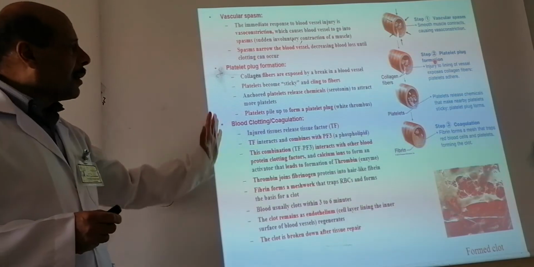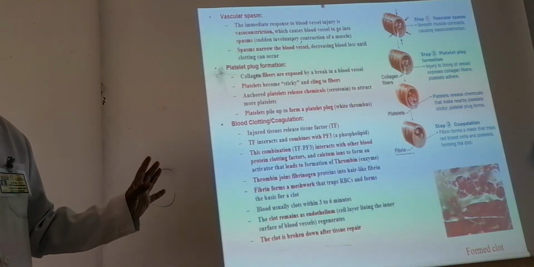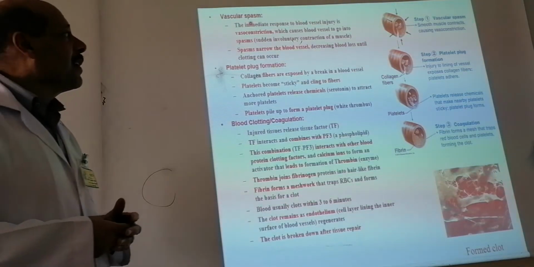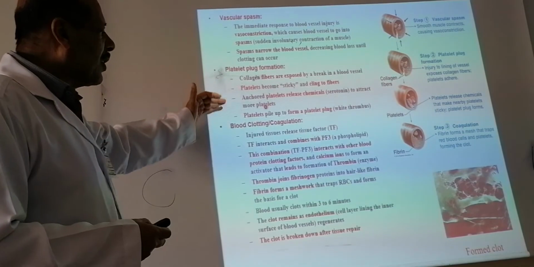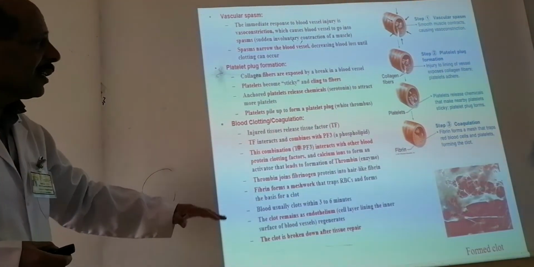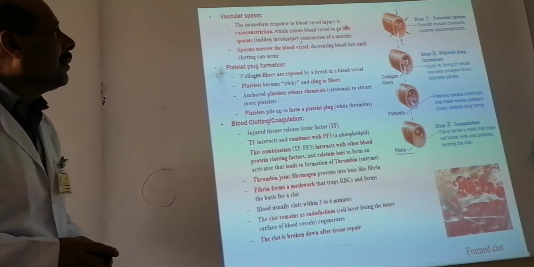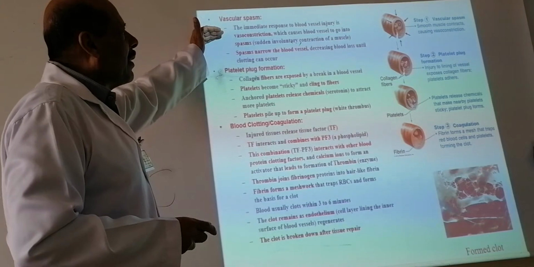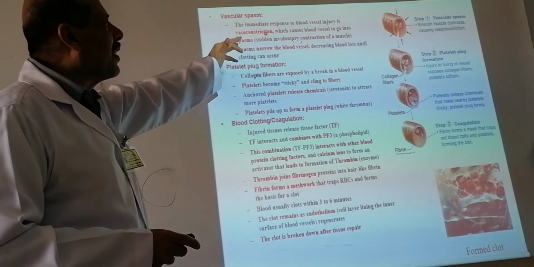So again, this is what's happened during hemostasis: vascular spasm, platelet plaque formation, blood clotting and coagulation, and formation of the clot. Again, the vascular spasm is the immediate response of blood vessels to injury.